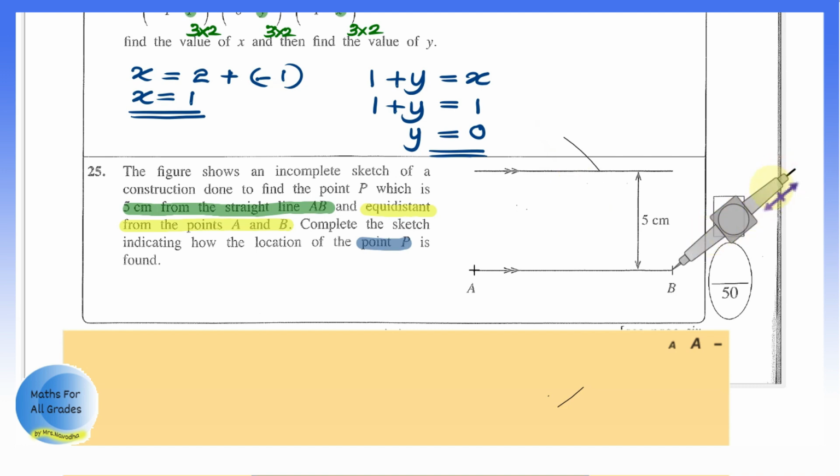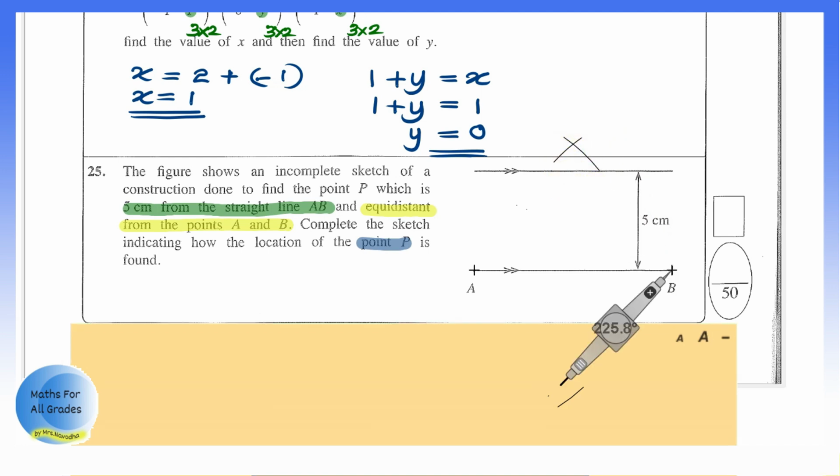Now place this compass on the other side and draw two arcs here and here. Let's connect these two intersection points. Now this is the perpendicular bisector of points A and B.